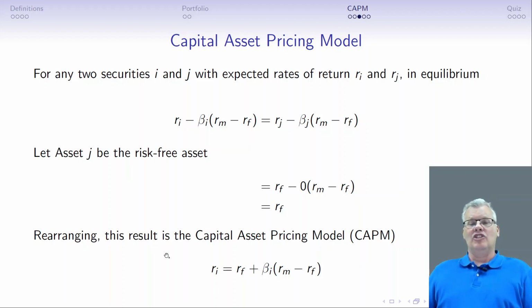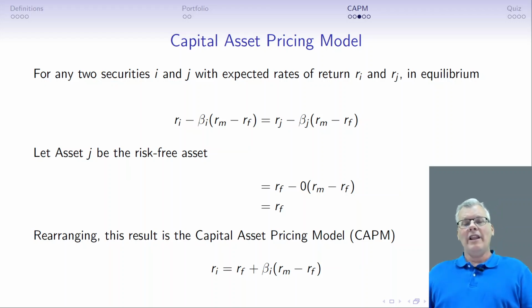So we have the rate of return minus the risk adjustment has to be the same across securities. We could do a proof, but I think you know how that would go.